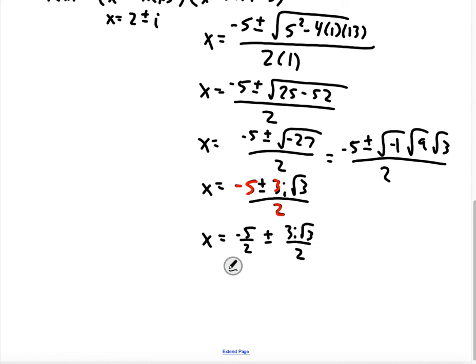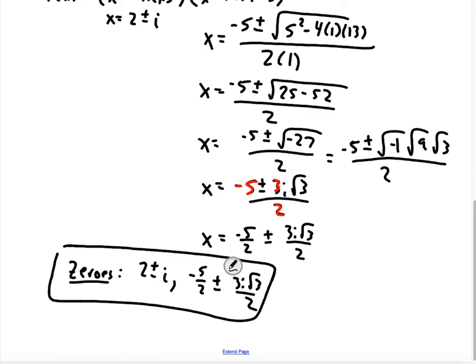So either way, you can write it either way, it doesn't matter. So our zeros there we have them.